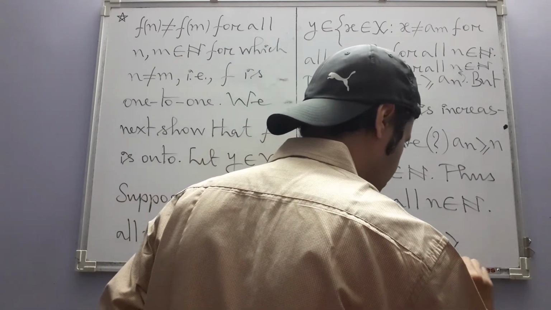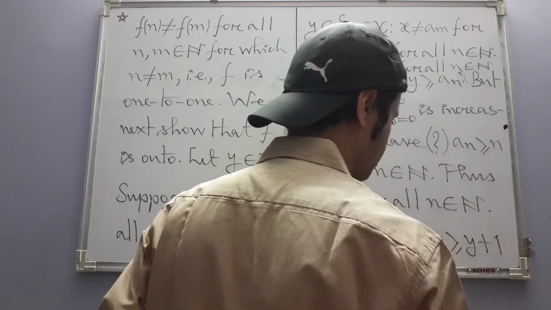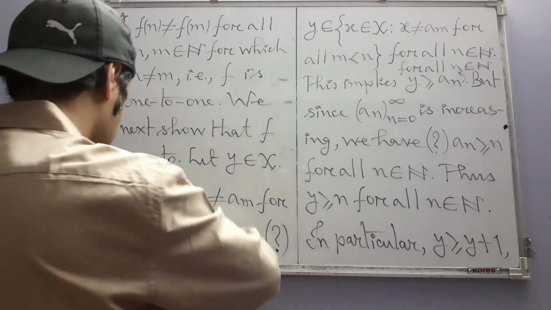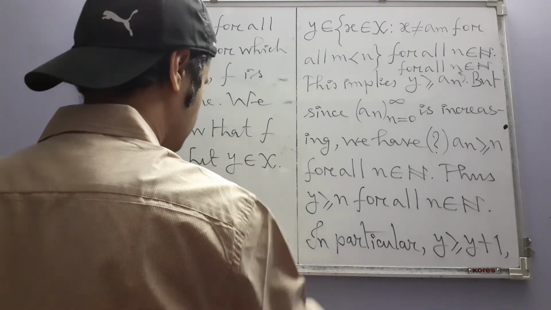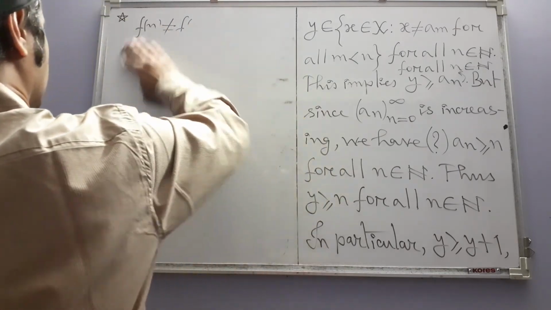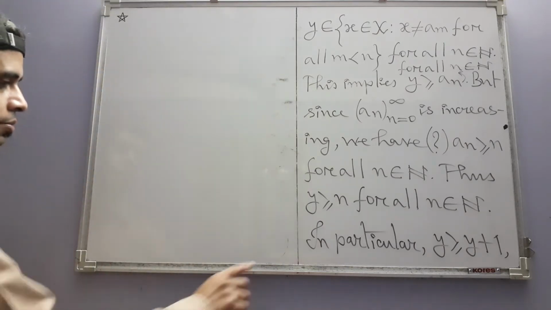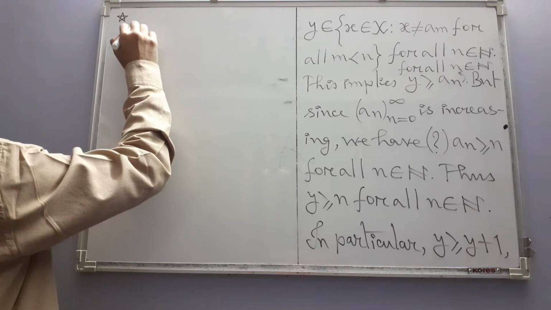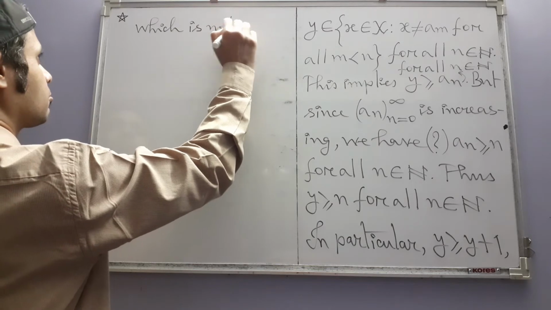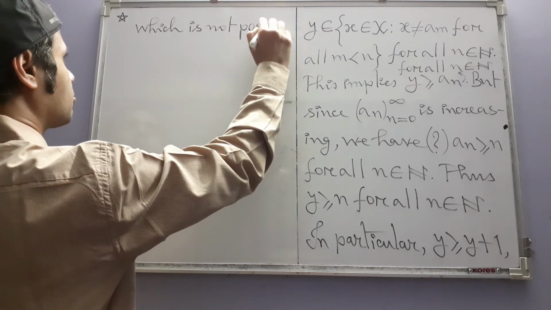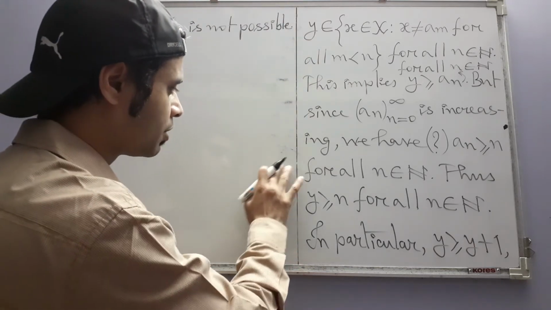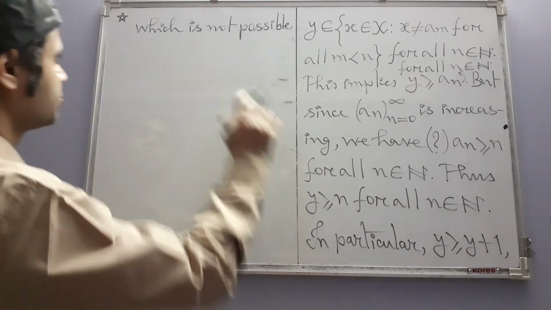In particular, y is greater than or equal to y plus 1, which is not true, which is absurd, which is not possible, and this impossibility is stemming from our blind supposition.